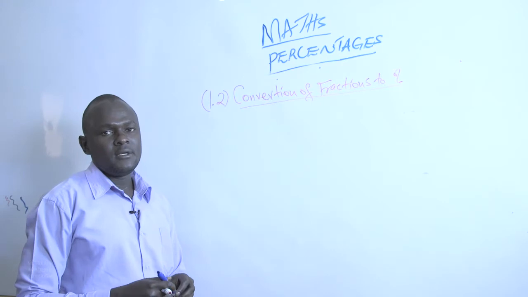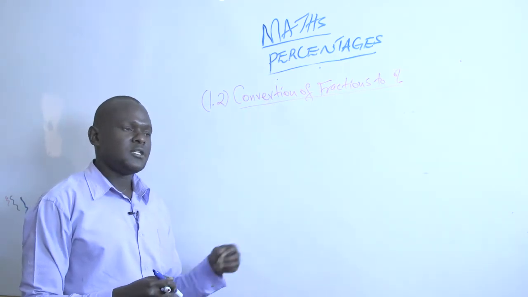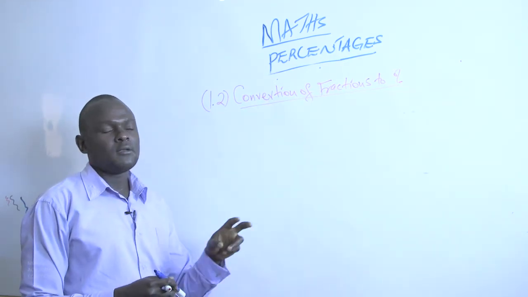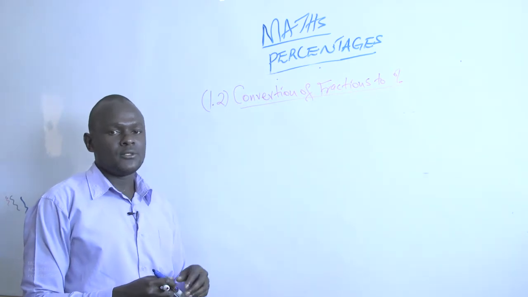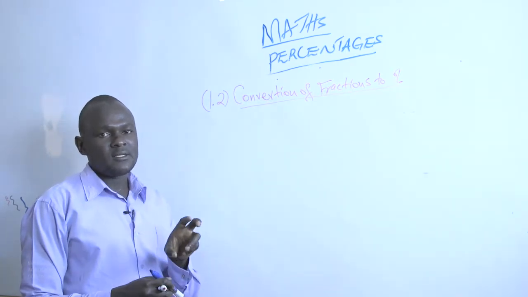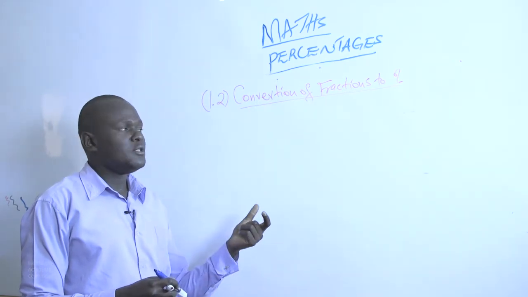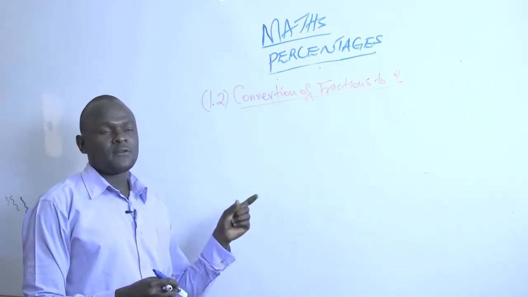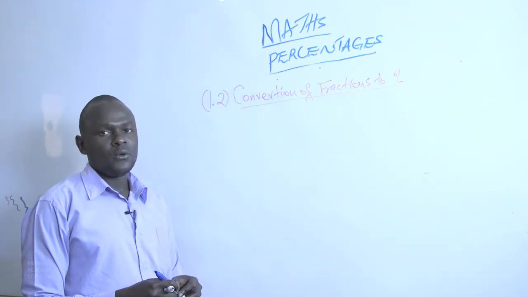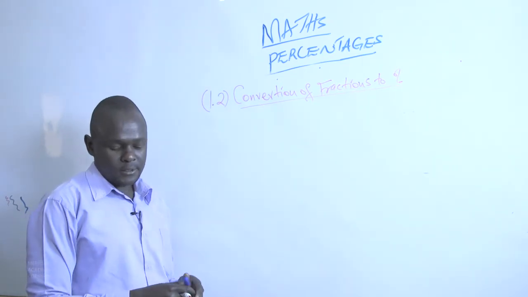If 100 is a multiple of the given denominator, we can apply the 2 methods. And in the case that 100 is not a multiple of the denominator in the fraction that we are given, we will only apply the second method.